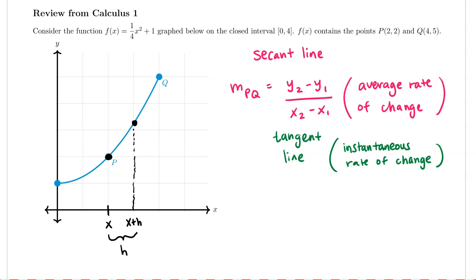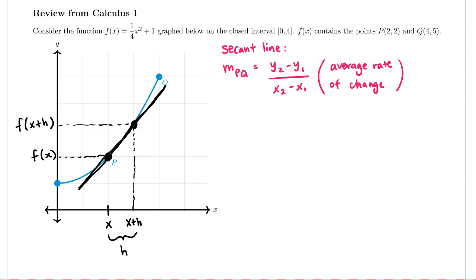So that now what I'm doing is I'm taking the slope of this secant line, and notice that this is a closer point to P. And so here, this y value would be f of x, and this y value here would be f of x plus h.